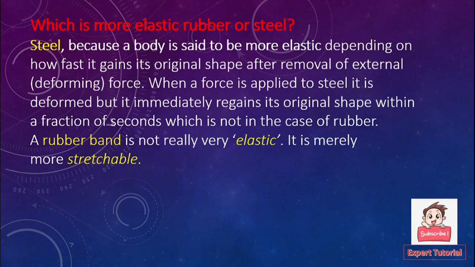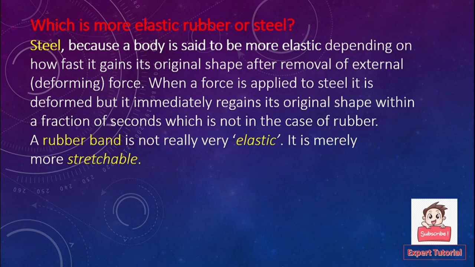That's why steel is more elastic than rubber, because a body is said to be more elastic depending on how fast it regains its original shape after removal of the external force, that is known as the deforming force.